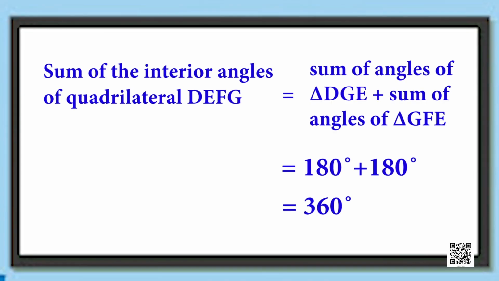So, in all, the total sum of the angles of this quadrilateral DEFG will be the sum of the angles of the first triangle plus the sum of the angles of the second triangle. So, that will make it 180 plus 180, which will be equal to 360 degrees.